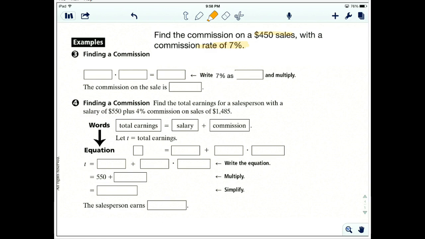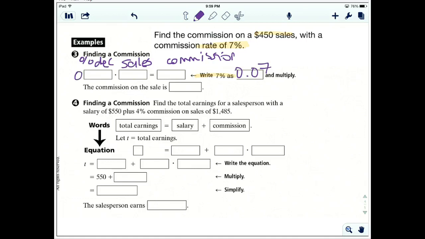Okay, so to fill this out, we are going to be doing what times what equals what. In this case, we're going to be writing 7% as 0.07 and multiplying. Just like we were doing, percent as a decimal times the sales, or the of, is going to give me the commission, like we learned at the beginning.